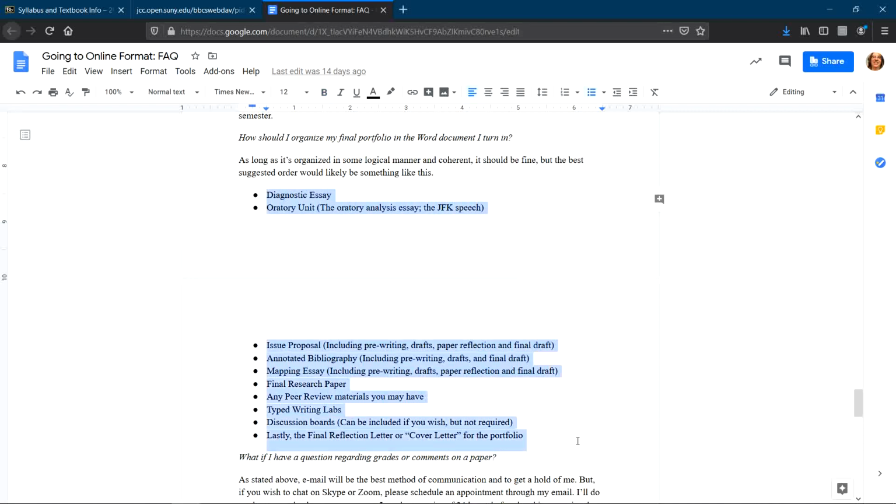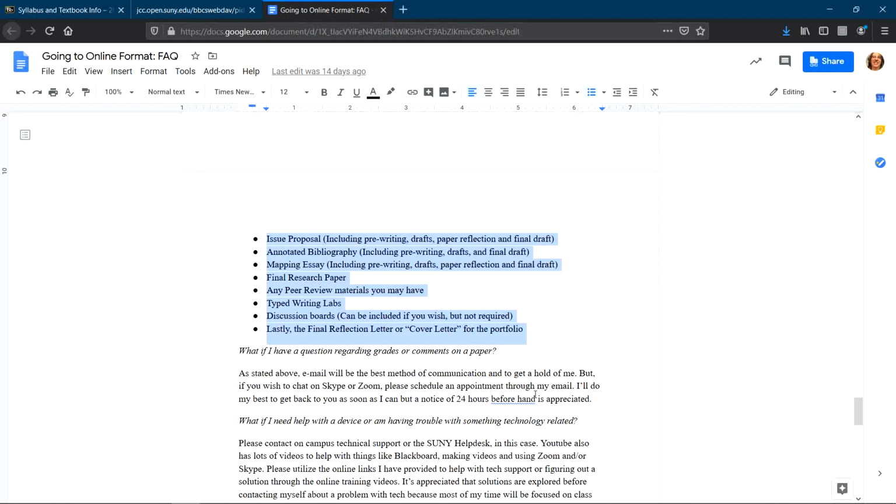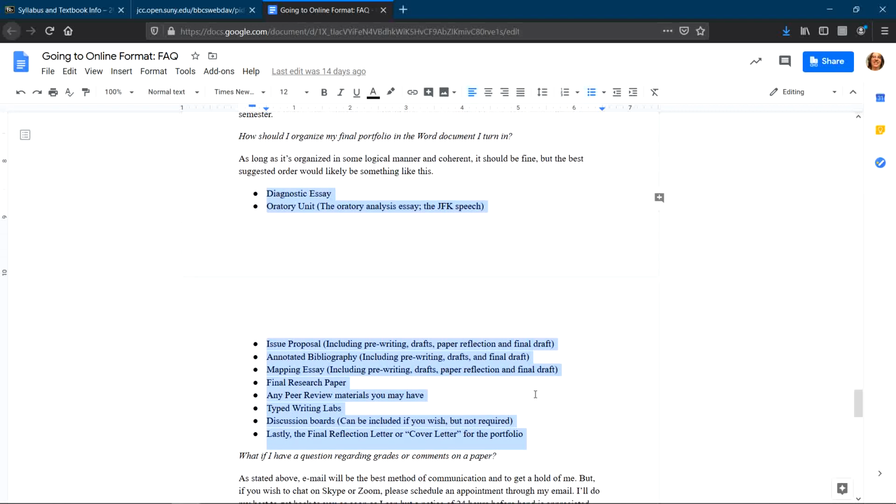At least it should be logical and coherent, organized in some way. You don't want to have things in random places because that makes it really hard for me to grade, and also for the other person that might be looking at your portfolio. So please make sure it's arranged and organized. Otherwise, it might be super hard to grade.